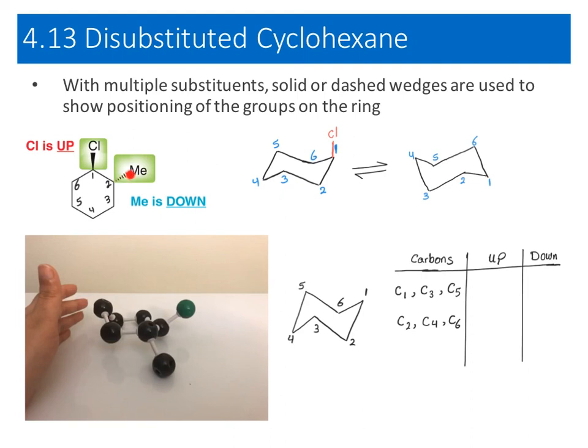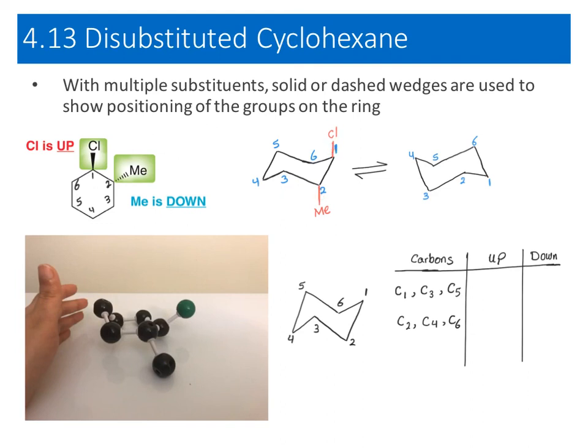Methyl is in dash, and it is connected to carbon 2, and dash in carbon 2 means down, which is axial position. So both of these groups are pointing towards different directions, and now both of these groups are in the axial position.